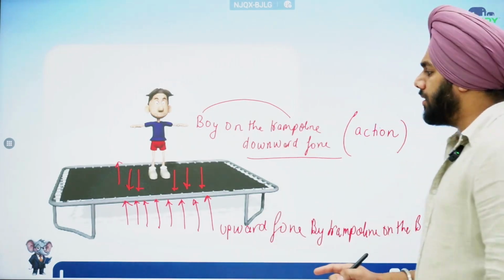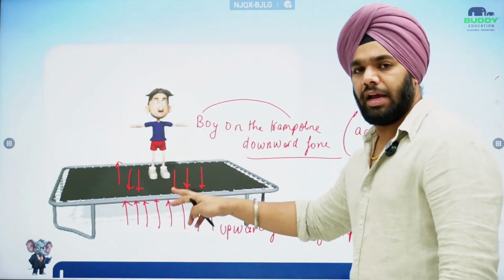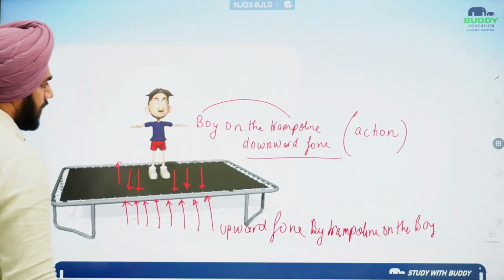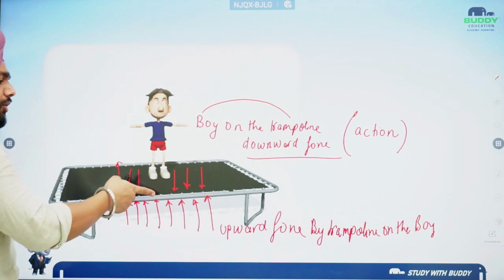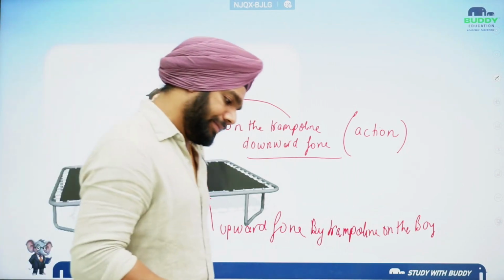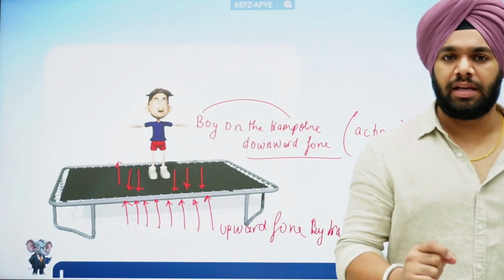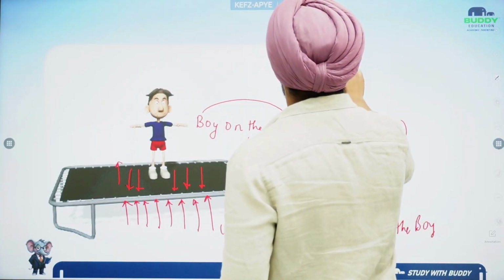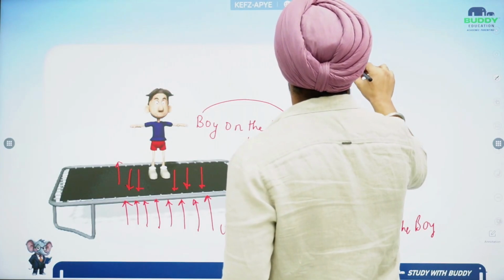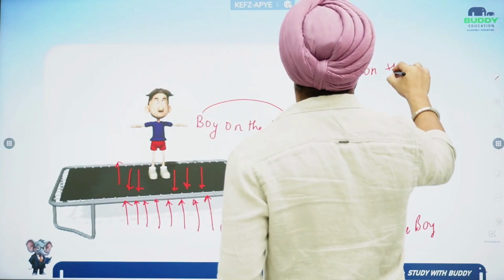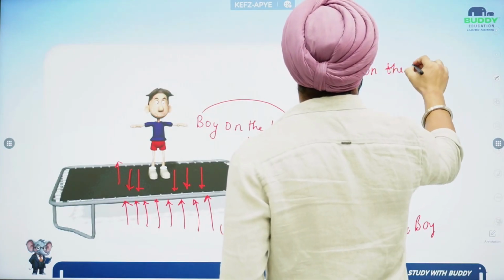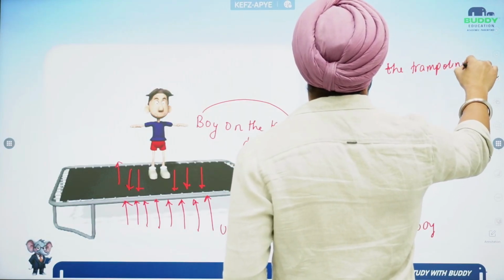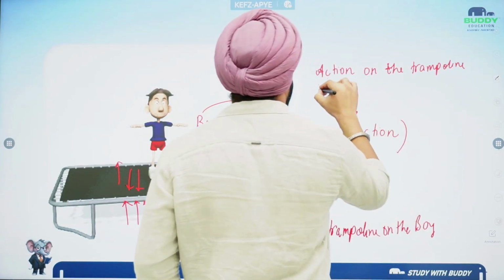So you need to remember that this action and reaction are acting on two different bodies. Action is being exerted on the trampoline. I'll write this down here: action on the trampoline, but reaction is on the boy.